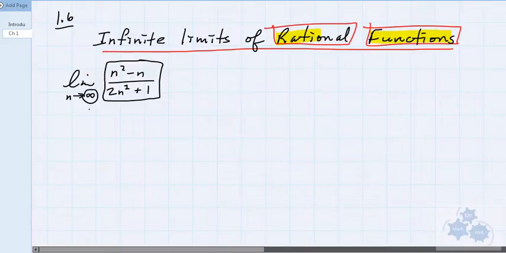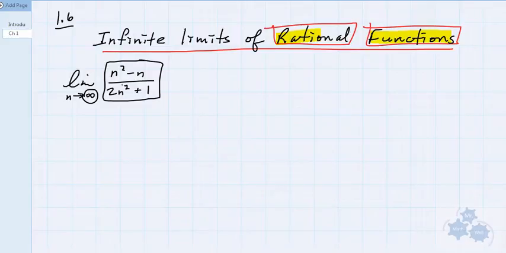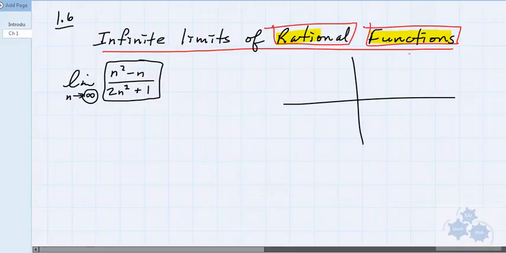If n approaches infinity. So if this n value that's here, here, and here, gets larger and larger and larger, is there a y value that this function would approach? So if we're taking a look at any function, and I don't know what this one exactly looks like right now, but a function where n or x or whatever the input value approaches infinity, let's say this is n, it's getting larger and larger and larger.